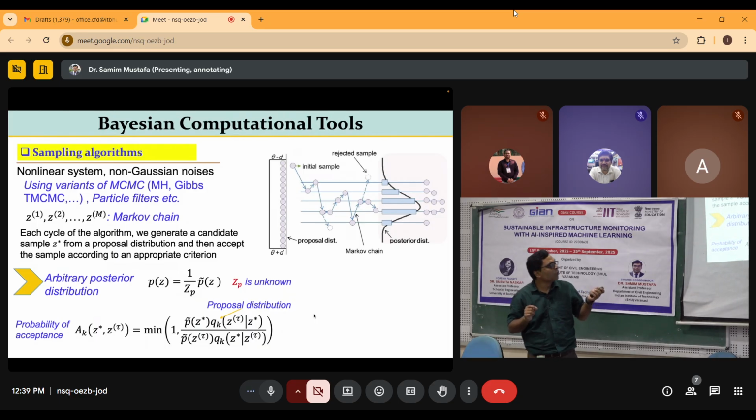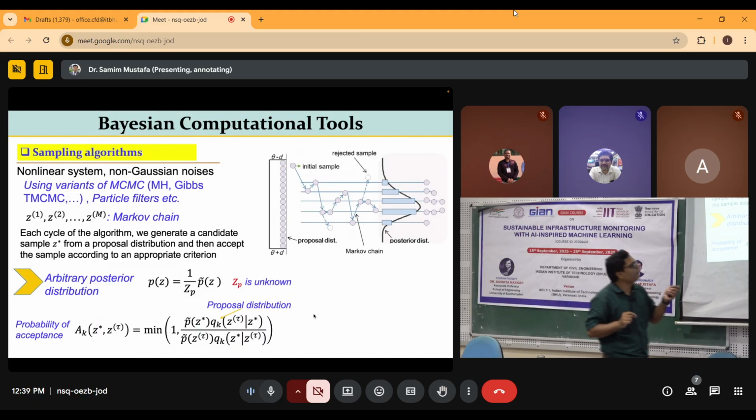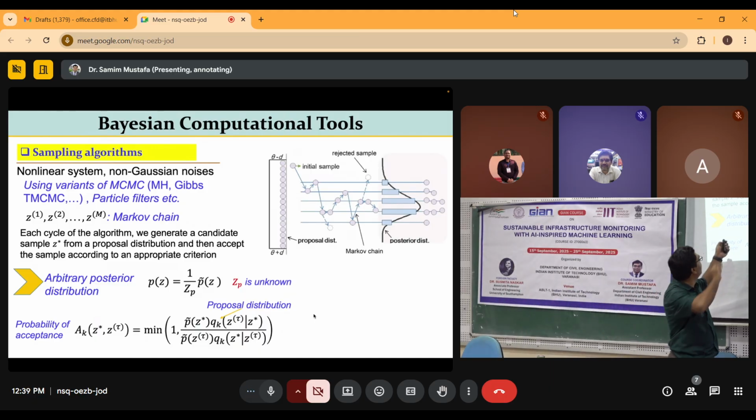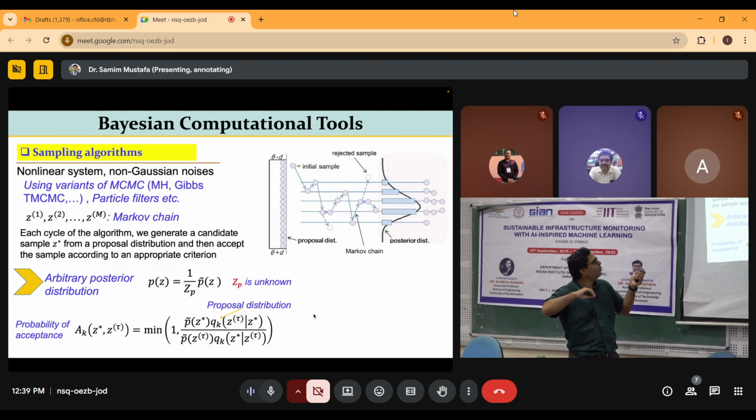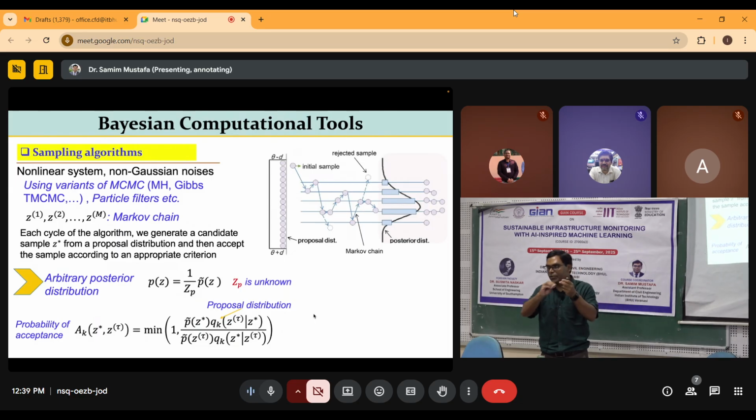In the illustration, you start with a chain. These are the Markov chain, a series of samples. You start with one and go to the next and the next. So how do I go to the next? When it is going to the next, first it will check the acceptance criteria. If it fulfills that acceptance criteria, that is, the probability of acceptance is less than 1 or this value, then it will be accepted, or else it will be rejected.